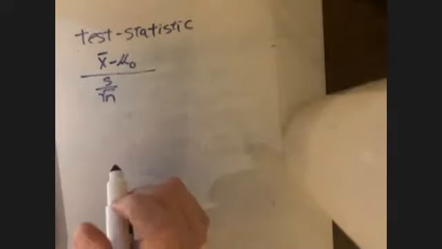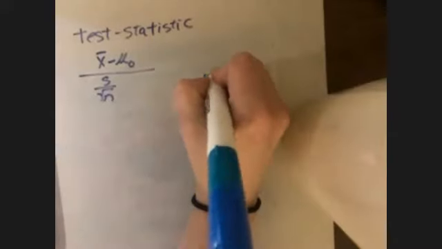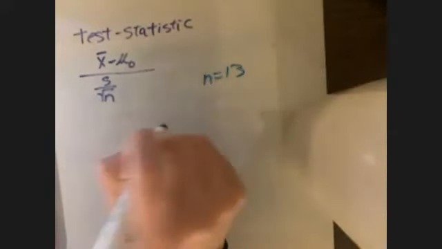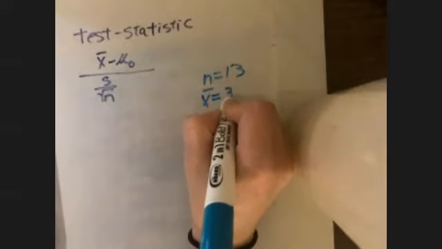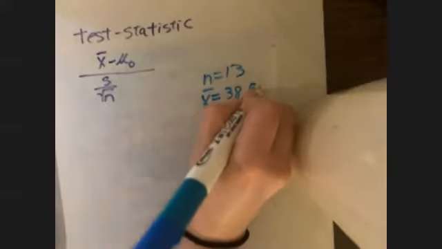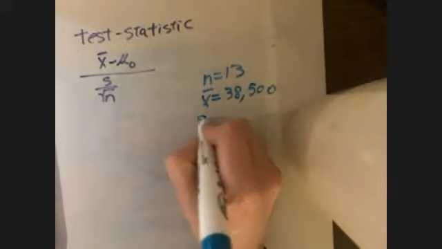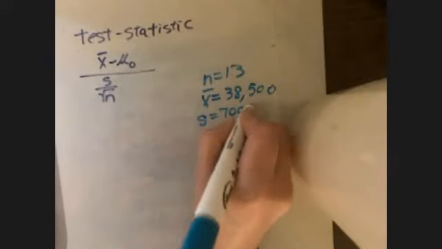Okay, so I'll keep my test. It says the mean annual tuition and fees for the 2013-2014 academic school year for a sample of 13 private colleges. So the average of the sample was $38,500 with a standard deviation of $7,000. Okay.